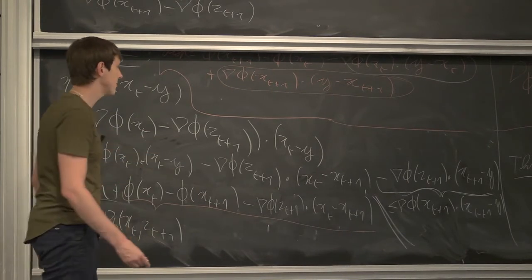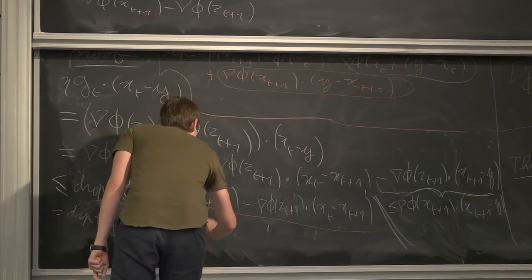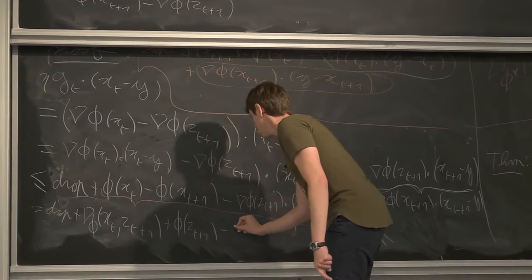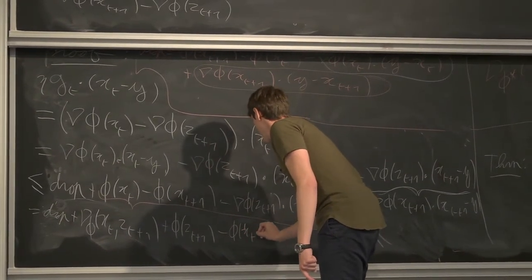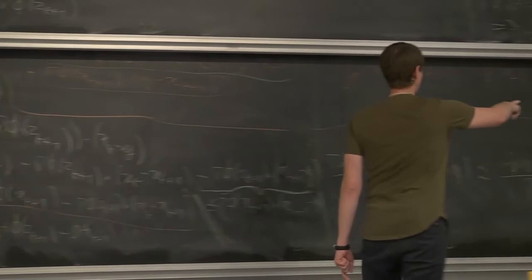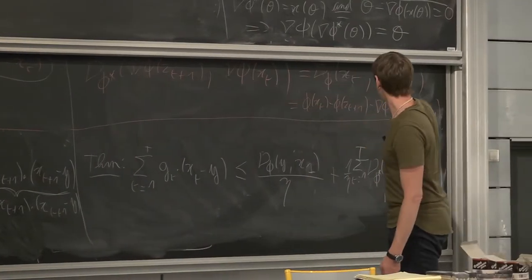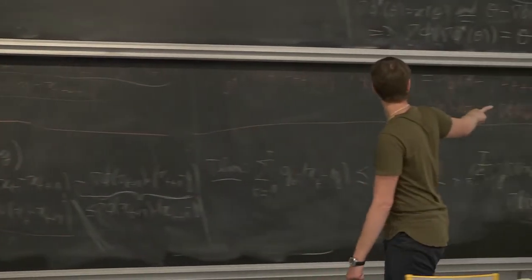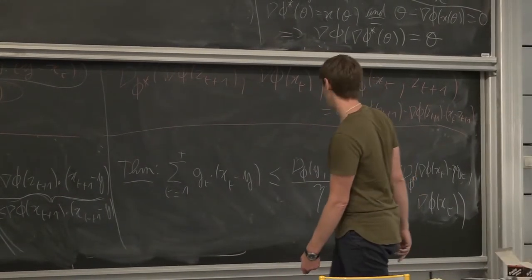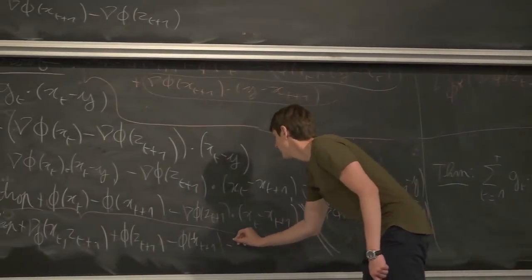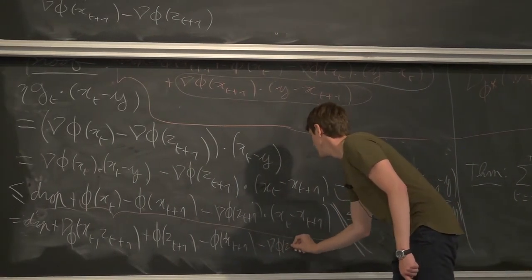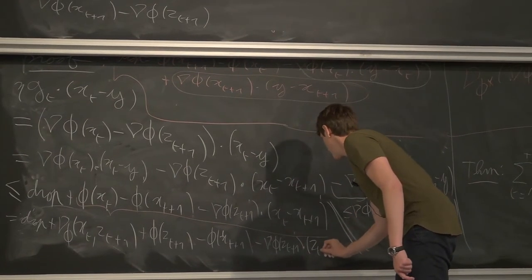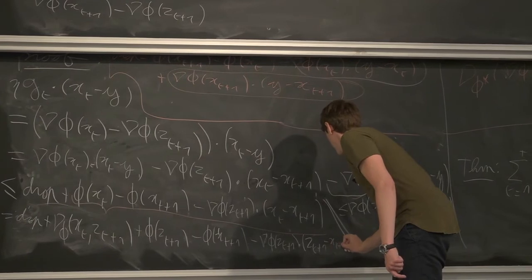Now we are missing the phi of zt plus 1, so let's add the phi of zt plus 1. We are missing this minus phi of xt plus 1. And what do we have for this term? We have grad phi of zt plus 1 dot xt. We have it here. But instead of zt plus 1, we have xt plus 1 here. So what we have is minus grad phi of zt plus 1 inner product with zt plus 1 minus xt plus 1.